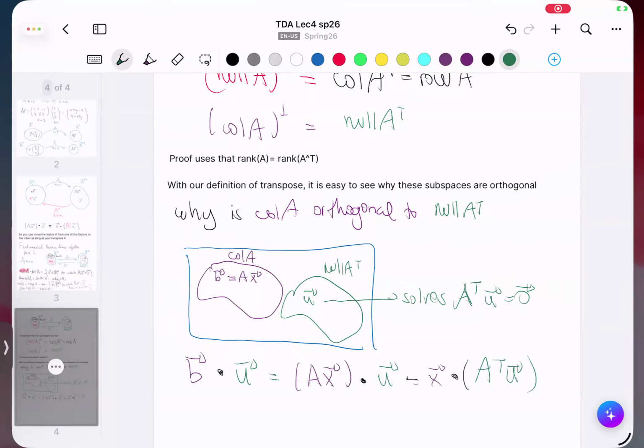But then you're done, because A transpose u is zero, because u was in the null space of the transpose. So this one is a zero vector. And the dot product of any vector with a zero vector is automatically zero. I like those one-line proofs from linear algebra. It's kind of like boom, immediate.